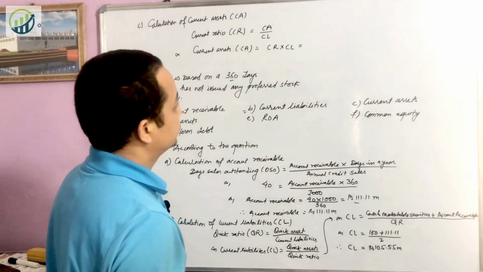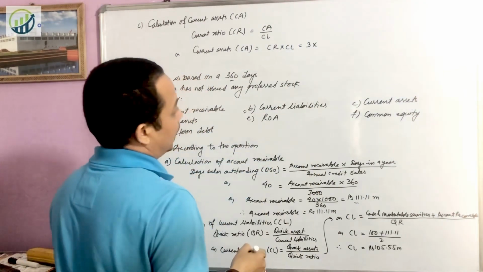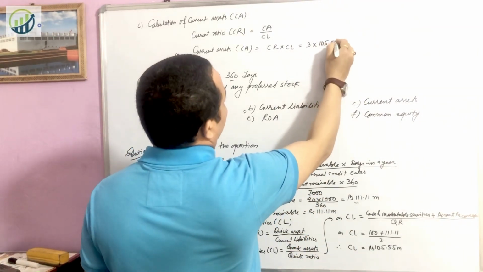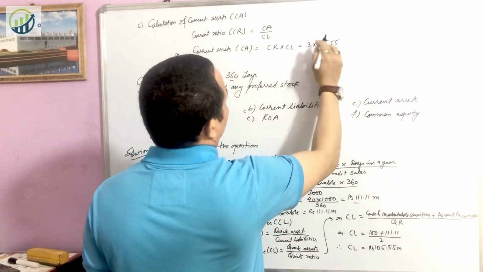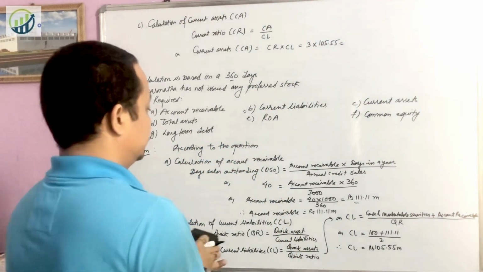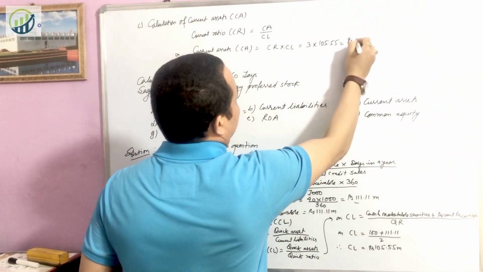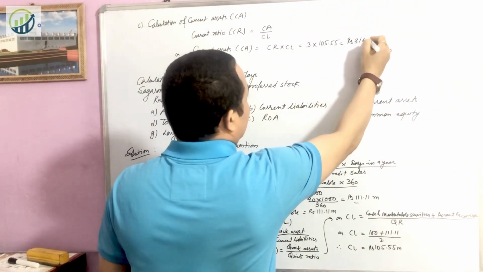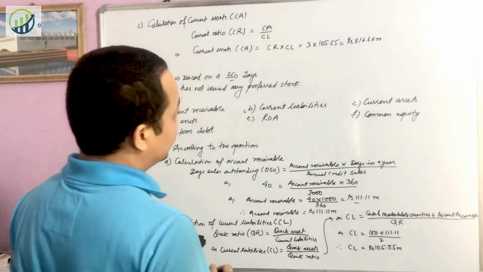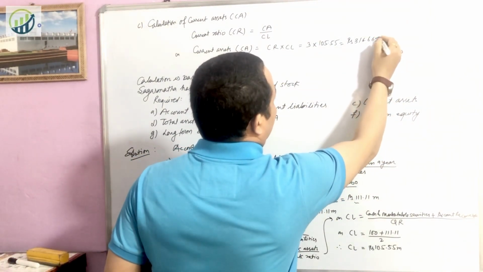The current ratio is 3, as given in the question, and current liabilities is 105.55. So that will be rupees 316.665 million. I can also write 665 million.